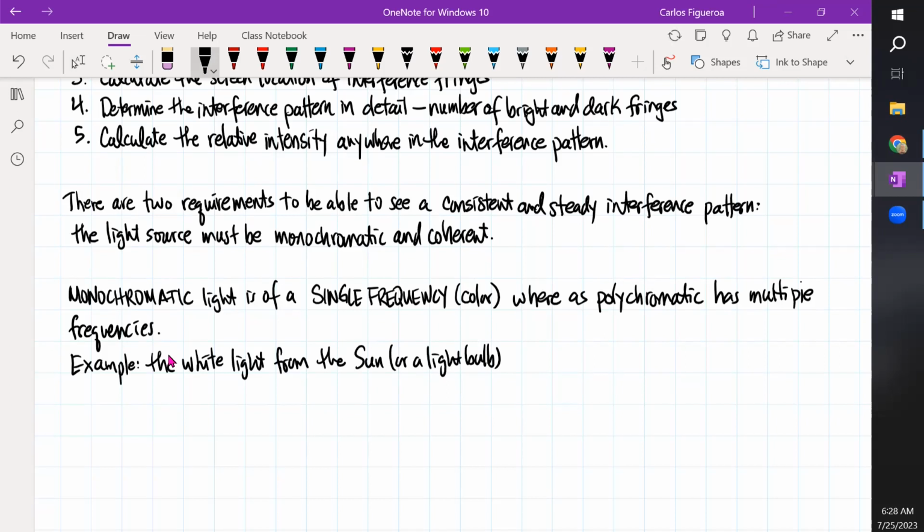So the white light from the sun has a continuous distribution of multiple frequencies.